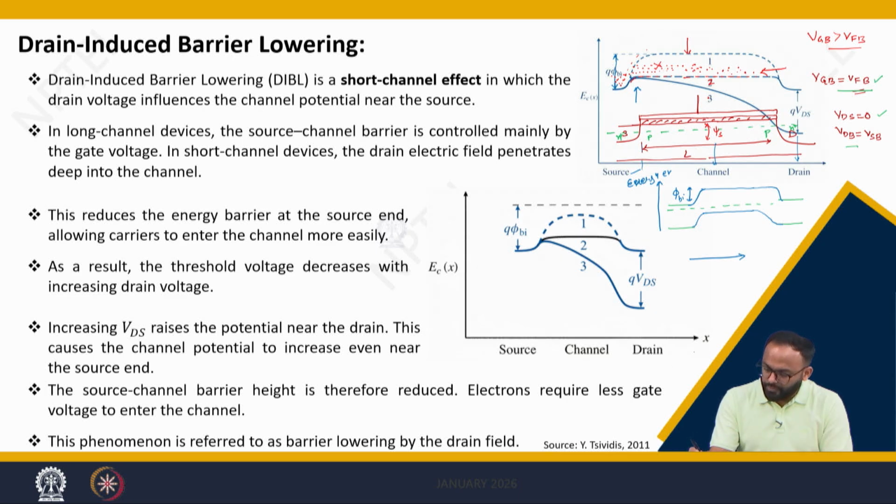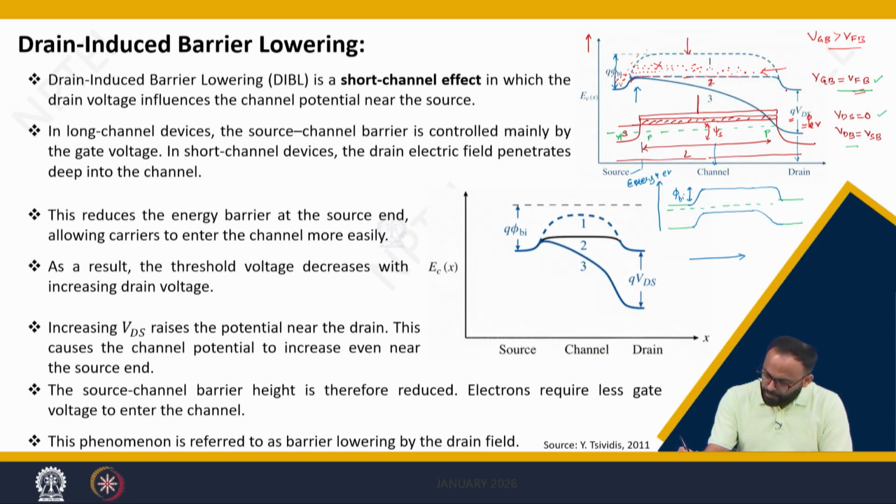Now, in the third case, we are increasing the drain voltage. If you increase the drain voltage by an amount VDS, as we are plotting on an energy axis, you need to multiply by Q. So, Q VDS will be in electron volts.